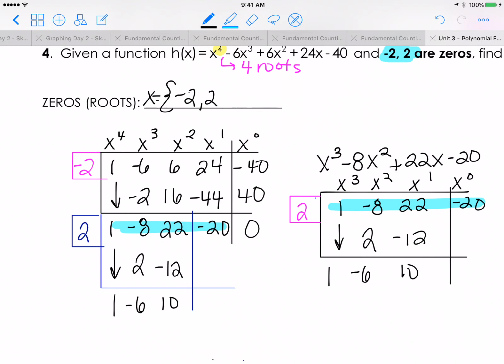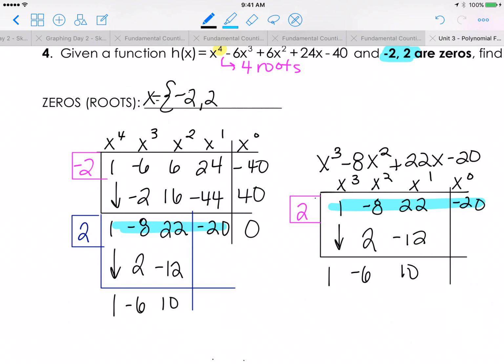So a is equal to 1, b is equal to, what do we get for b? Negative 6, and c is equal to 10. So then we get opposite of b would be 6 plus or minus the square root of negative 6 squared minus 4 times a times 10 all over 2 times a.